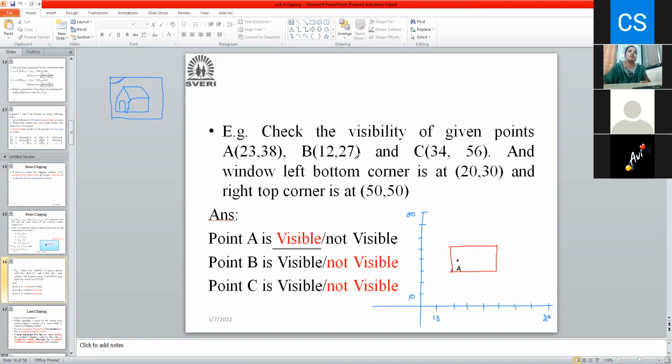So 12 is having still less value. Then what about the second criteria? Y value is 27. Whether that point will lie inside? No. Here both the conditions are not matching. 12 is not in between 20 and 50, and 27 is not in between 30 and 50. So this point lies completely outside. So I will draw that point 12 somewhere over here. X is 12, Y is 27. So 20 and 27 somewhere over here.